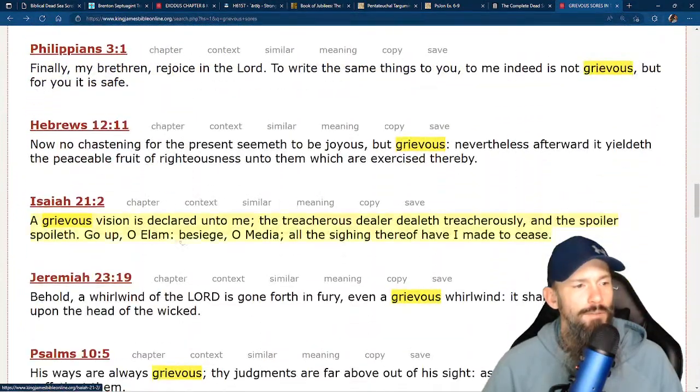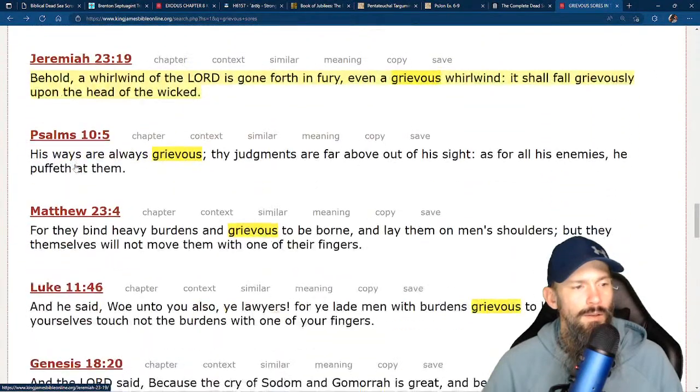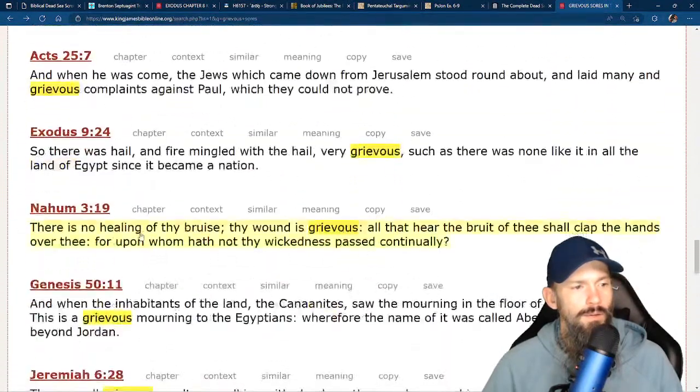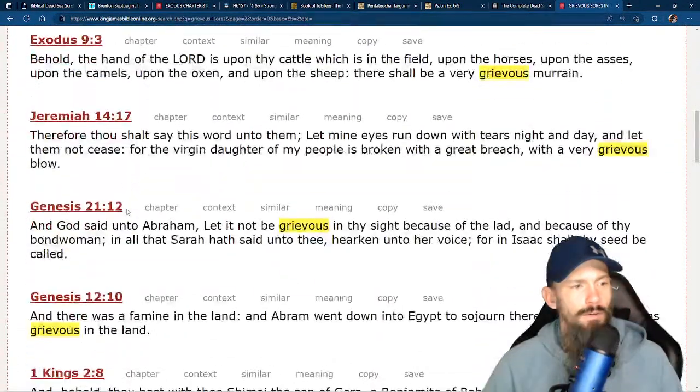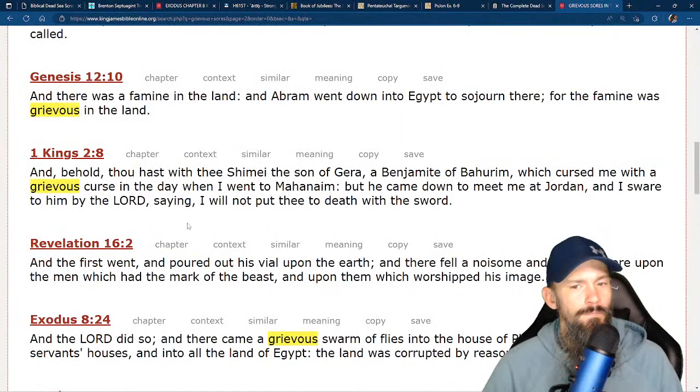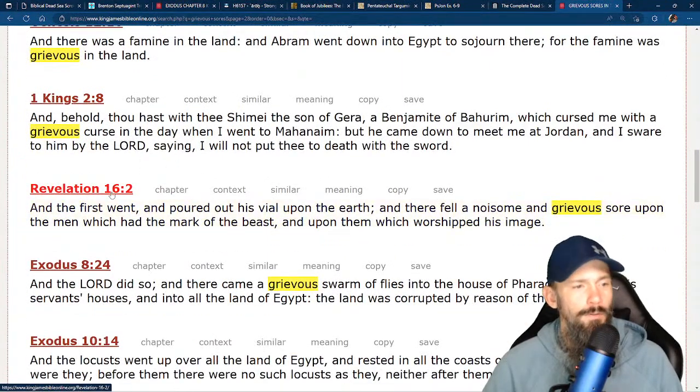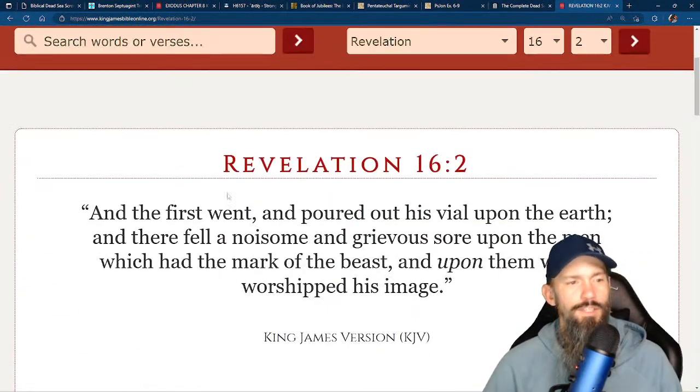I know that's in there too. Grievous. Oh yeah, the mark. Yeah, grievous sores. Revelation 16:2, and the first went and poured out his vial upon the earth, and there fell a noisome and grievous sore upon the men which had the mark of the beast, and upon them which worshipped his image.